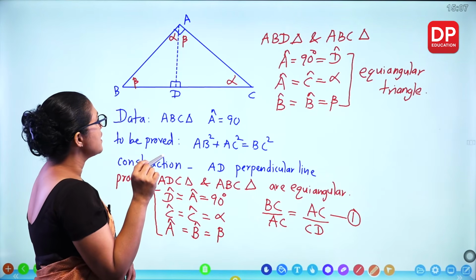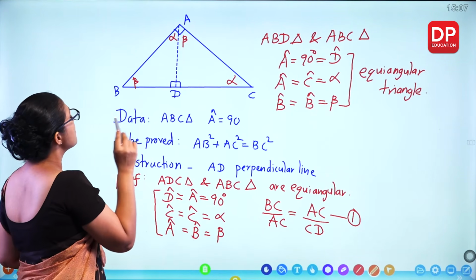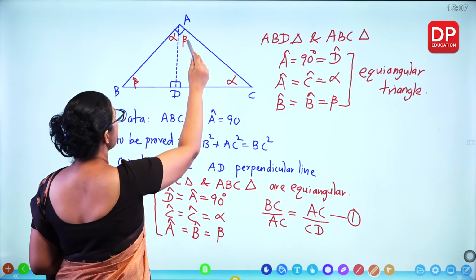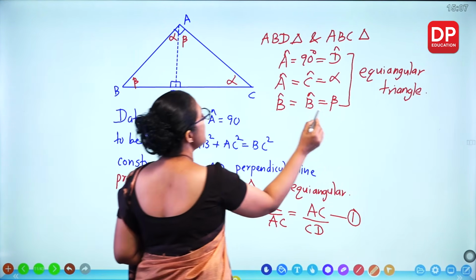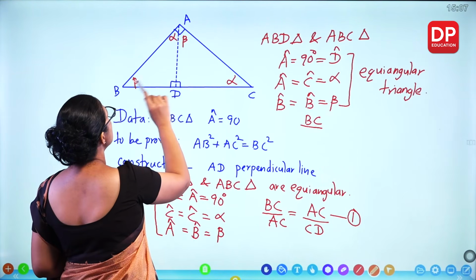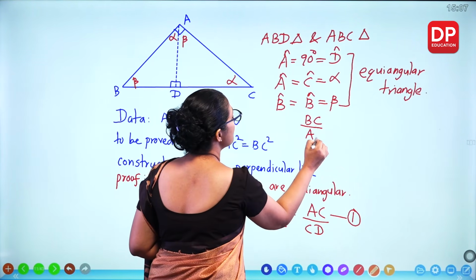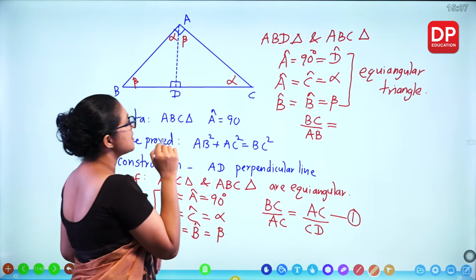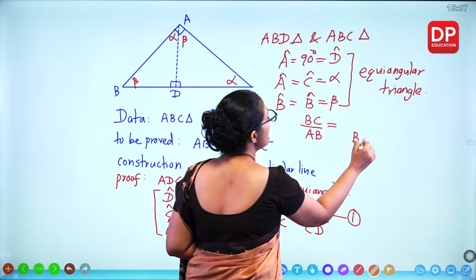What are the corresponding sides there? Opposite to 90, that's BC. Opposite to 90 here, that's AB. Opposite to alpha, that's BD in the smaller one.